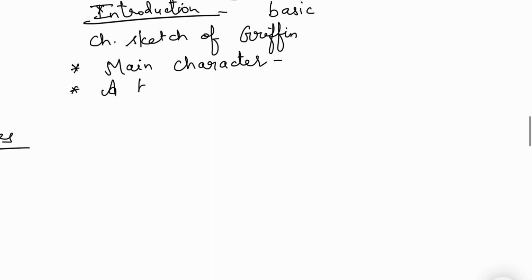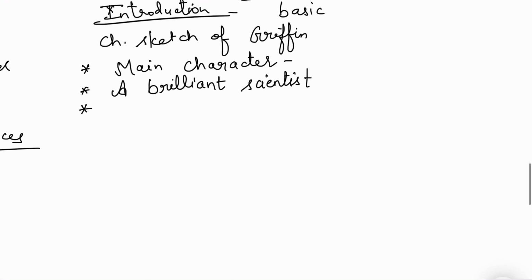Next would be a brilliant scientist. Griffin was a brilliant scientist. He discovered a rare drug which could make the human body invisible or as transparent as glass. Then a lawless person. No doubt Griffin was a brilliant scientist, but he misused his discovery and became a lawless person.